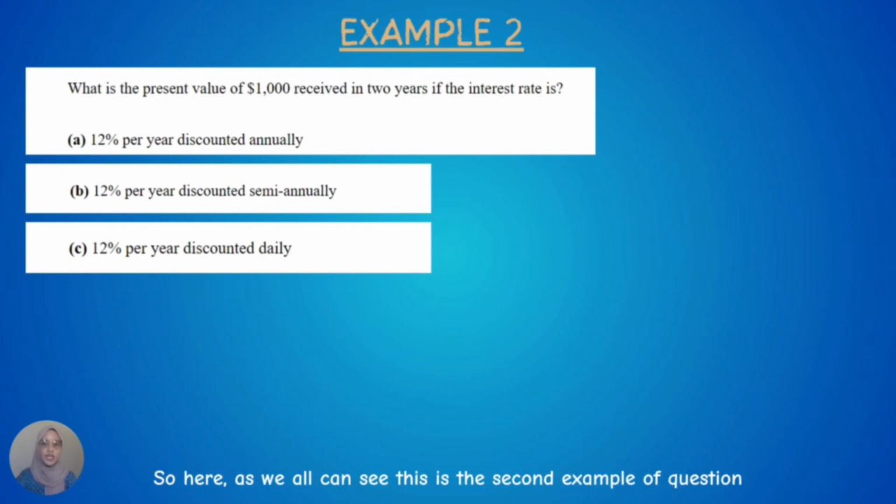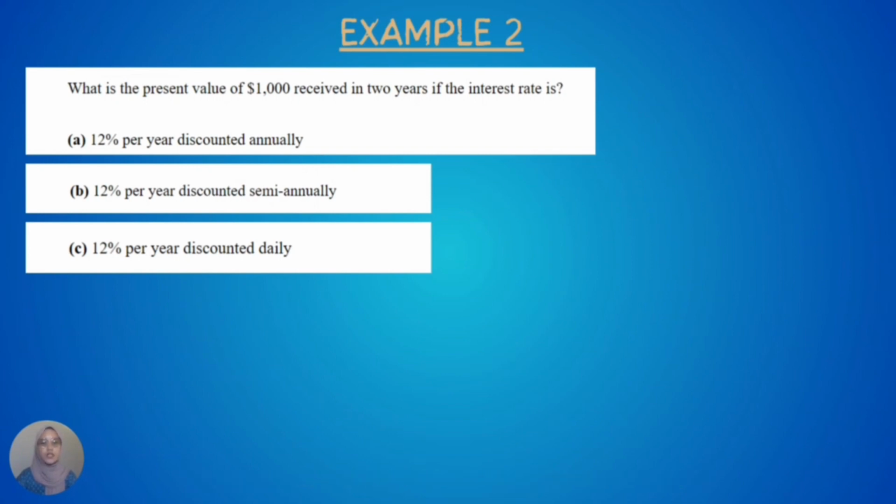So here, as we all can see, there is the second example of question, and the question asks what is the present value of $1,000 received in 2 years if the interest rate is A. 12% per year discounted annually, B. 12% per year discounted semi-annually, and C. 12% per year discounted daily.